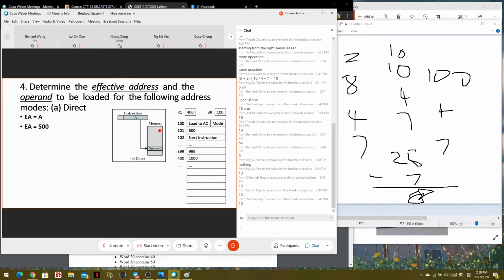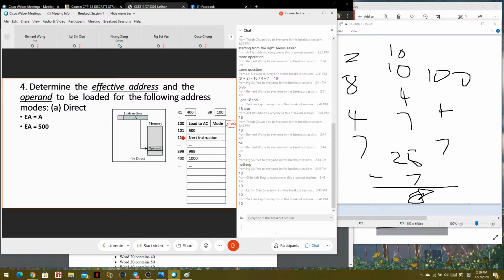You just try to imagine, this is the instruction that is broken into two lines. If you combine it, the 500 is here. This is considered one instruction. So the effective address is 500.